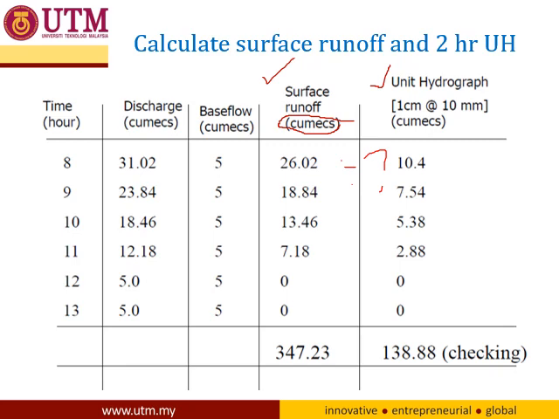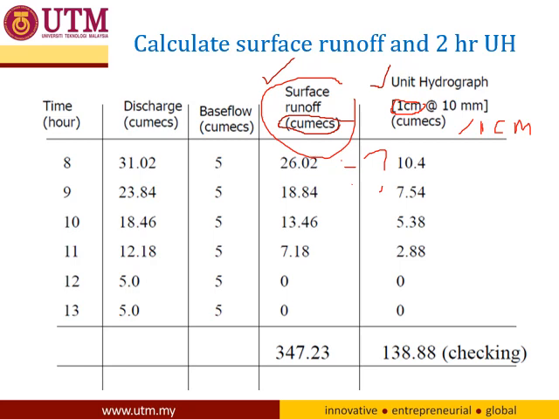I know that this is the surface runoff, so you need to divide by the total runoff for this catchment, because you want it to be in the unit of cubic meter per second over 1 cm. In this case, the unit hydrograph's unit is Qmax over 1 cm.